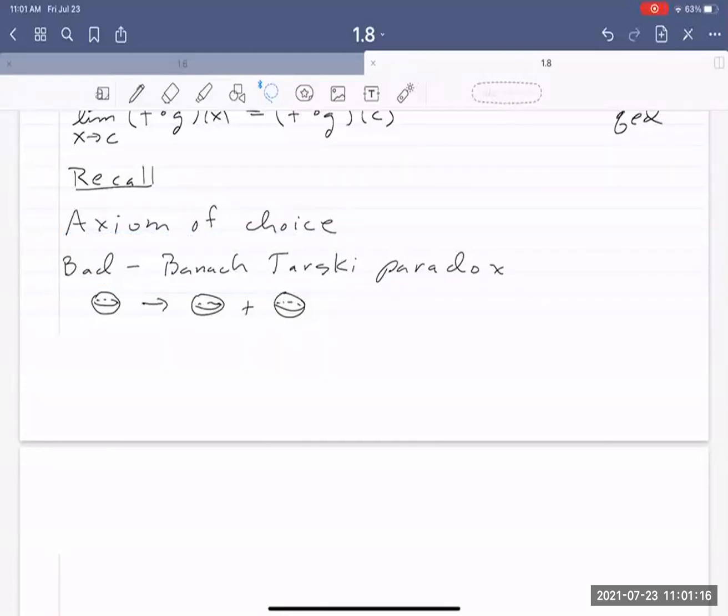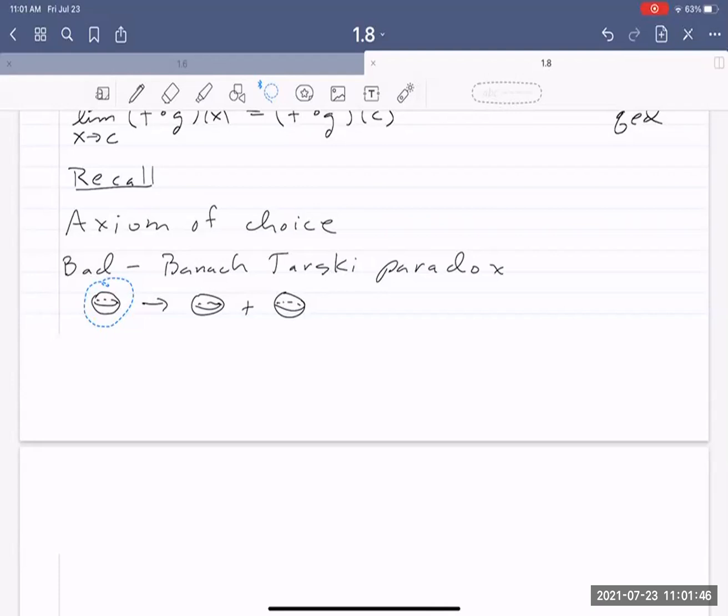Take an orange. Slice this orange into a finite number of pieces. I think 3 or 7 pieces. Doesn't really matter. Well, with the construction, I think it is 3 pieces.